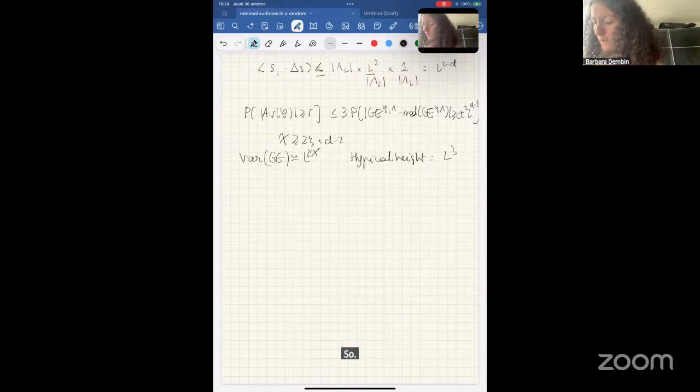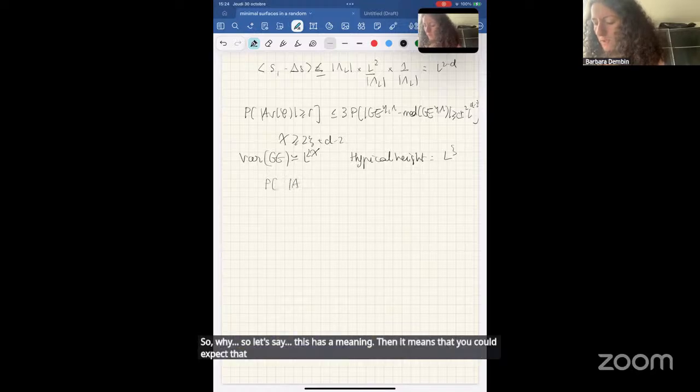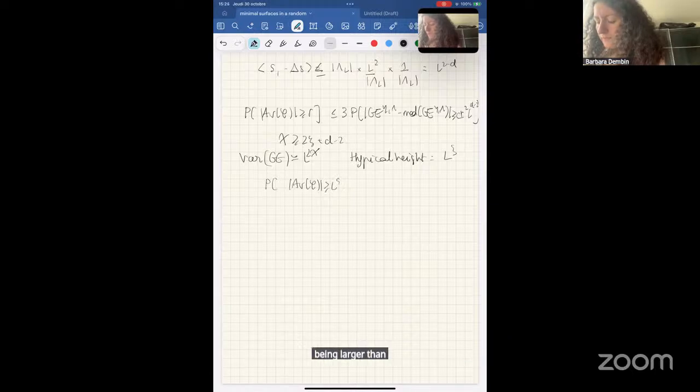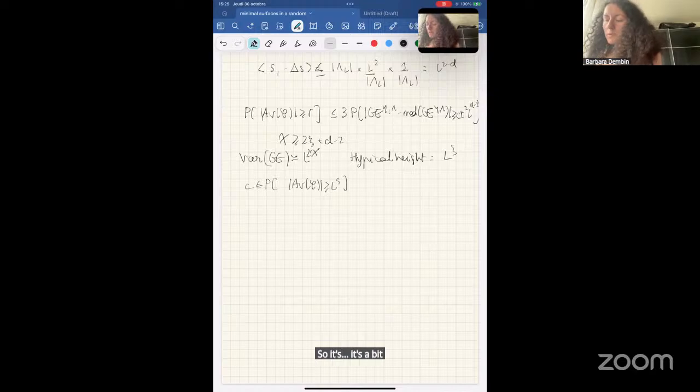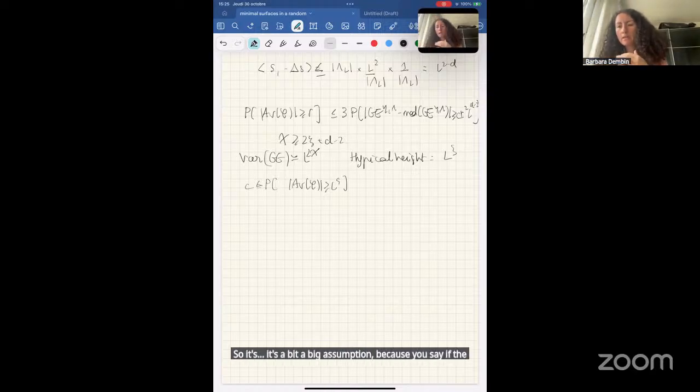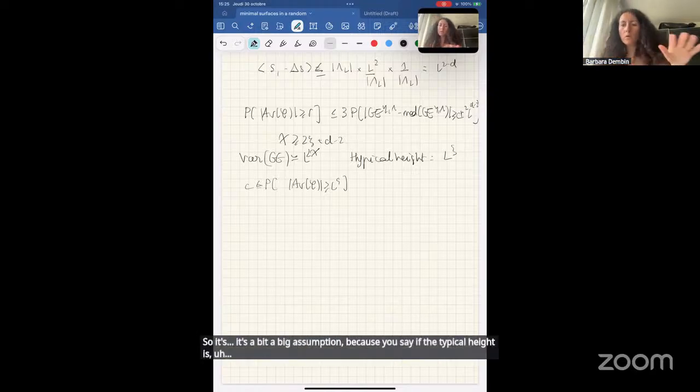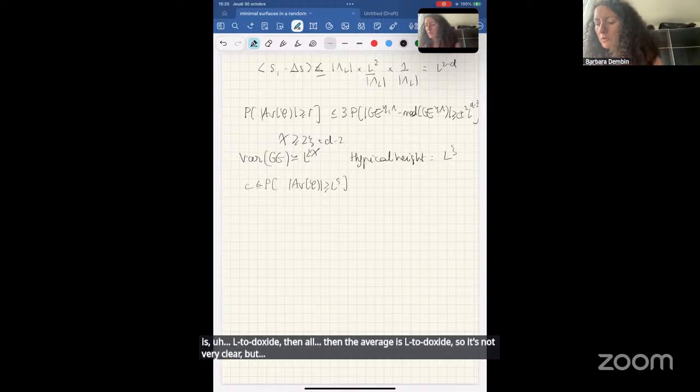So let's say this has a meaning. Then you could expect that the probability that the average of phi is larger than L^xi is at least larger than a constant. It's a big assumption, because if the typical height is L^xi, then the average is L^xi. It's not very clear, but this is just to understand where the scaling relation comes from.